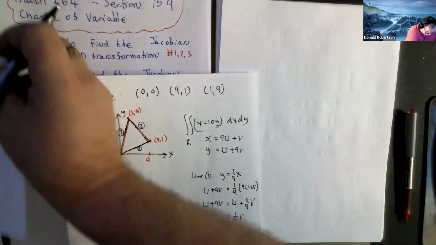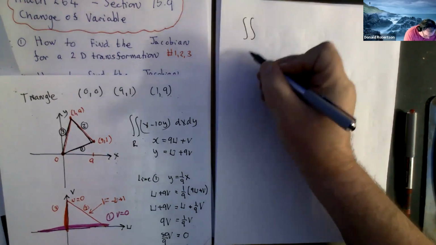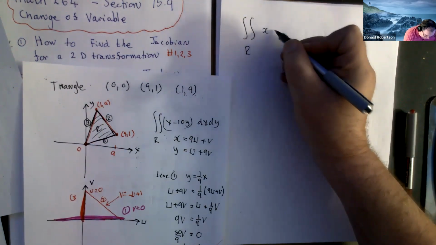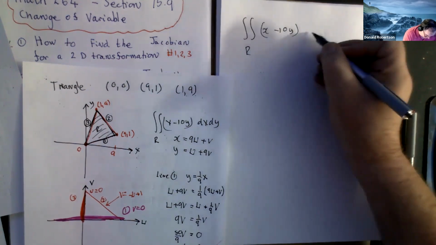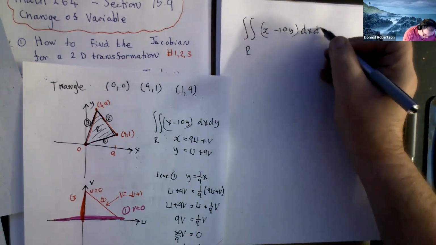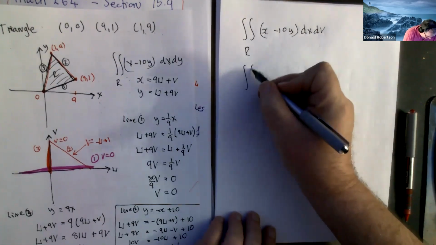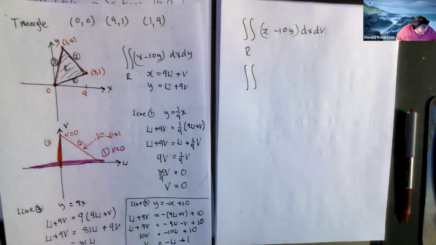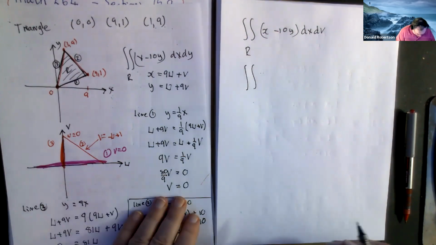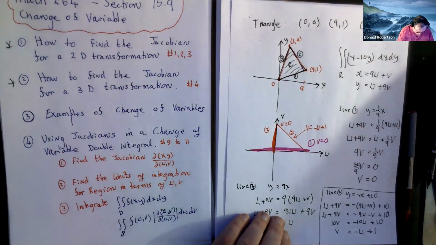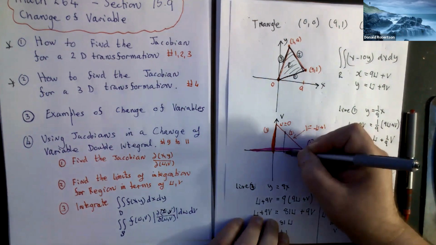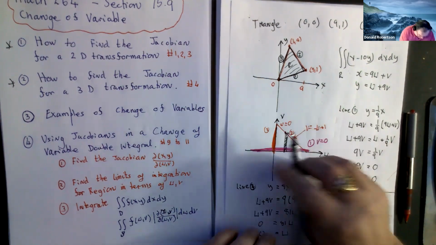So the double integral over that region R, just basically this guy, of x take away 10y dx dy is now going to be this fella. And based on the way that this thing is set up, just like you would have done in the past, I'm going to do it this way.